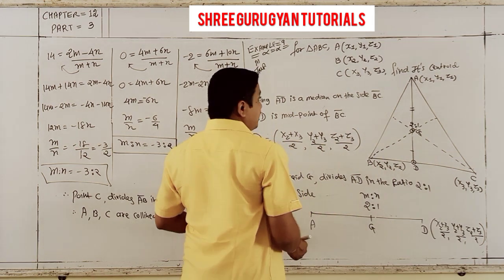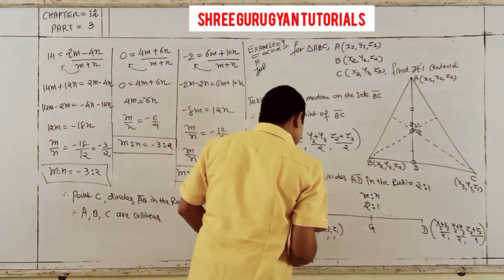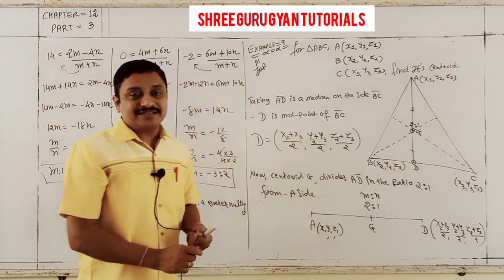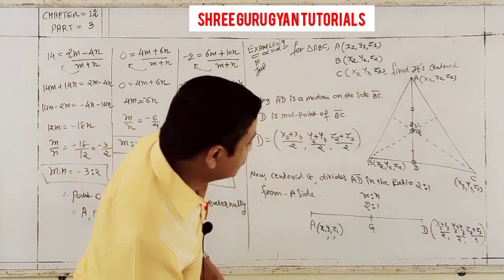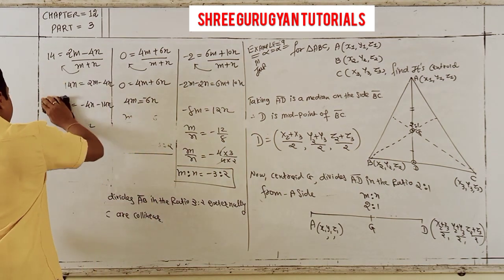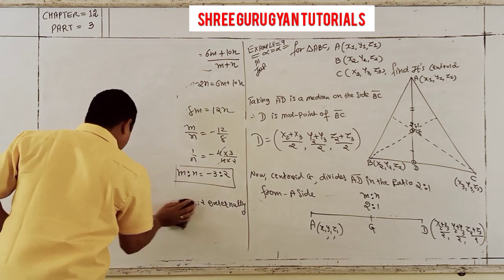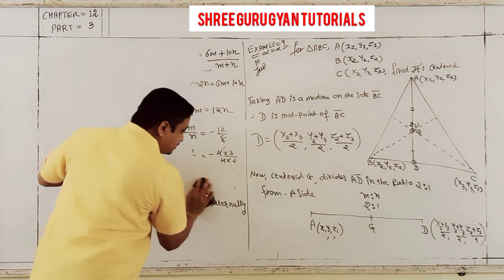And A becomes, students, x1 y1 z1. Now start systematically putting values to get the centroid G. So I easily get my answer.